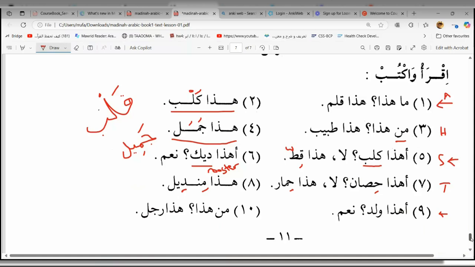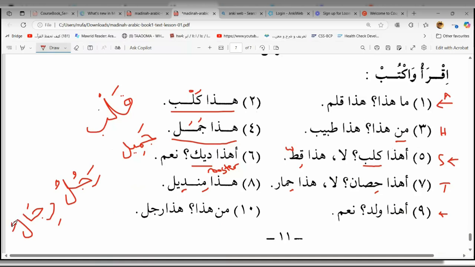If you have questions, Doctor, go ahead. Yes, I have a question. You said the last word is rajul. If I recall, I think we also have rijal, right? Yes. So we have many words that are similar to rajul. We have rajul, which is what you see here. The plural of this is rijal, men. We see it in the Quran: among the believers are men who were true to what they promised Allah.